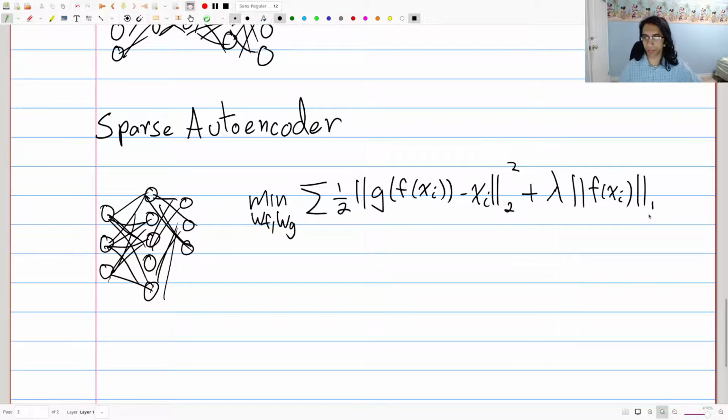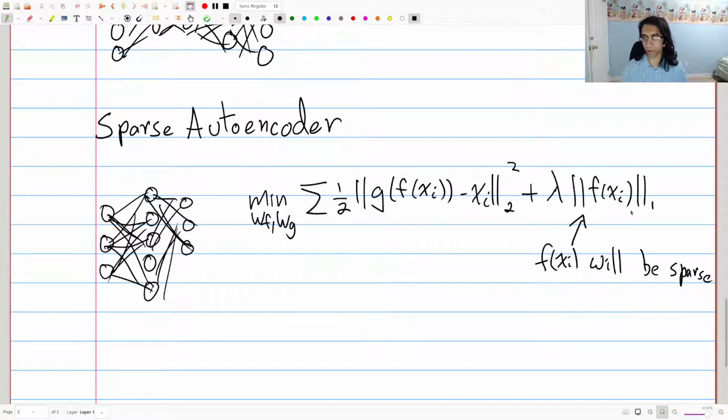What we did was this L1 penalization in what's known as the lasso. Similarly here, we're going to penalize the L1 norm of the encoding of the input. That will essentially result in the representation having a lot of zeros, only a few ones. So this means that f of xi will be sparse.